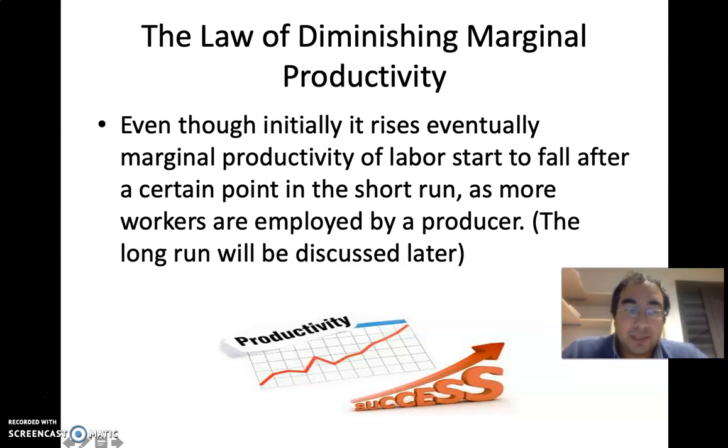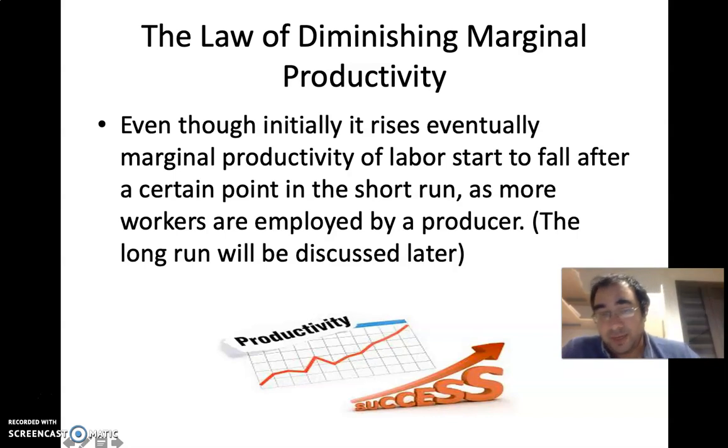It basically states this: when you have a workplace producing a service or a good with constant capital, and you add more and more workers to it, increasing the number of workers, initially adding more workers will increase the marginal productivity, the additional product each new worker is bringing.